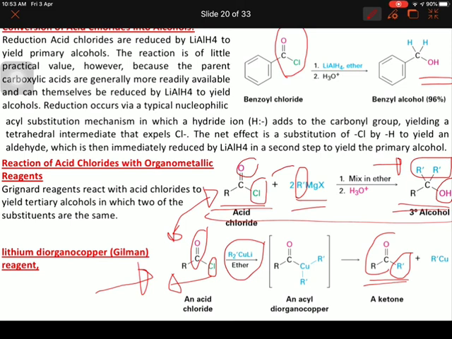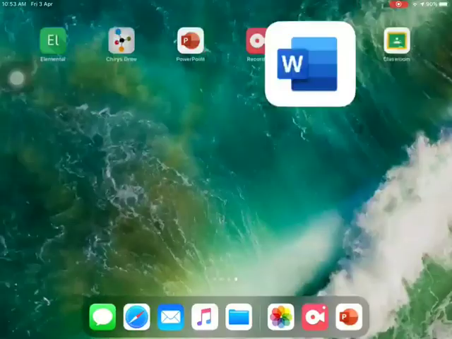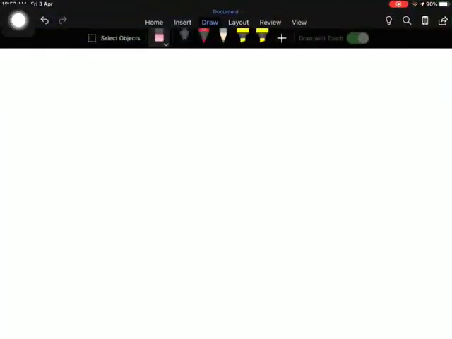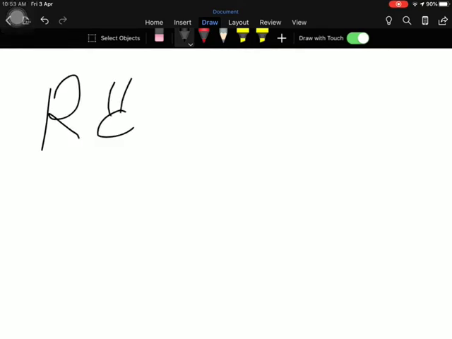Let me take one example. If I bring a question saying prepare a ketone from the carboxylic acid, RC double bond OH, how do we prepare the ketone from this compound?